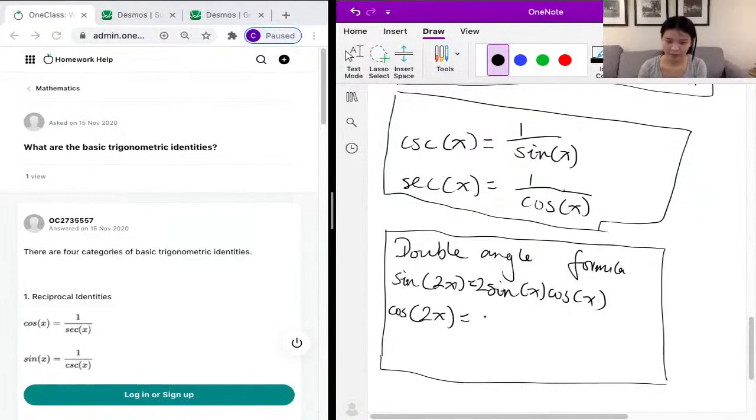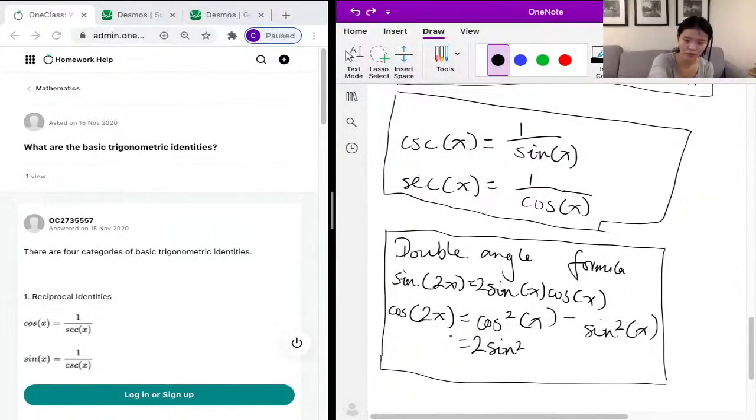Okay, so cosine of 2x is equal to cos squared x minus sine squared x, and it also equals 2 cos squared x minus 1, and also equals 1 minus 2 sine squared x.